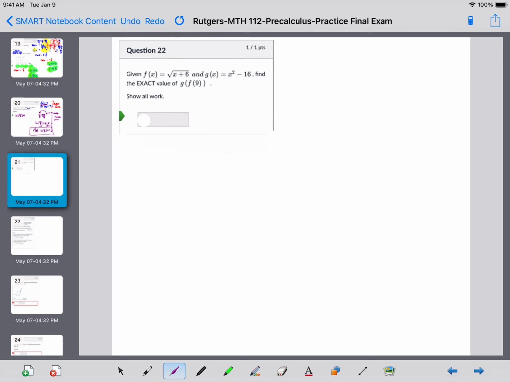Question 22. Given f of x and g of x, find the exact value of the function composition. So, you could find f of 9 first. So f of 9 equals the square root of 9 plus 6. I just plugged in 9 to f, which is the square root of 15. Now, we have to do g of the square root of 15.